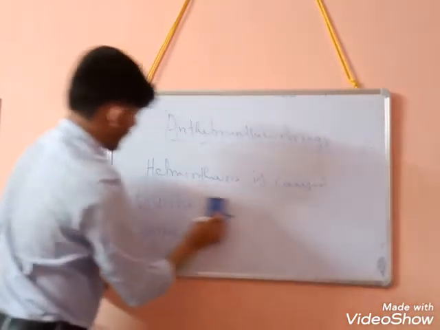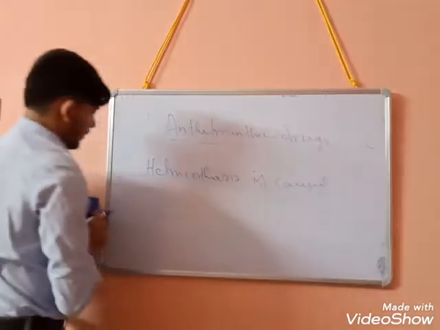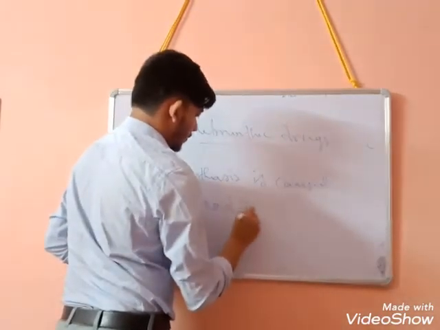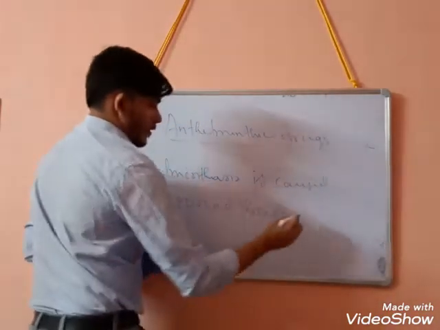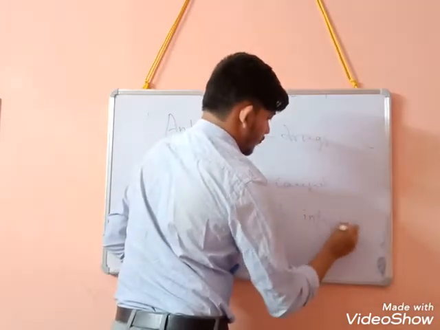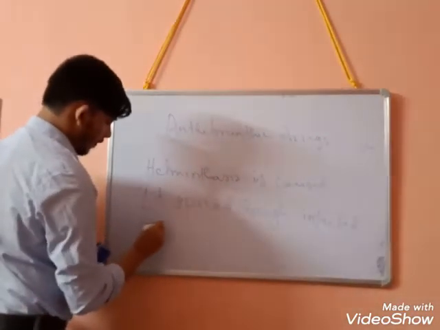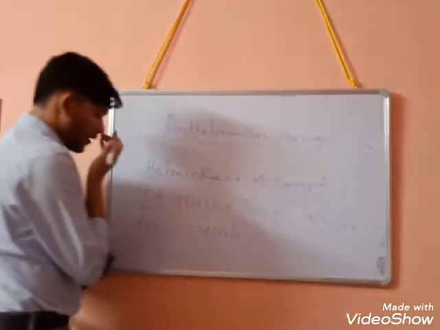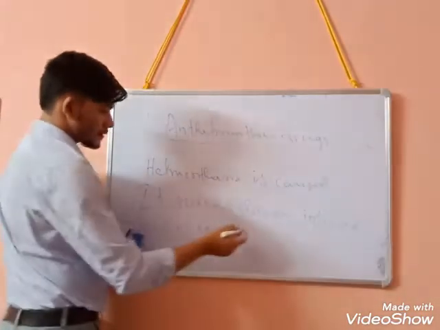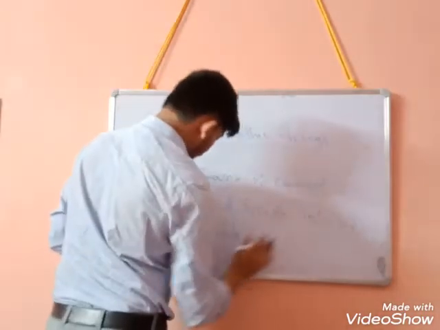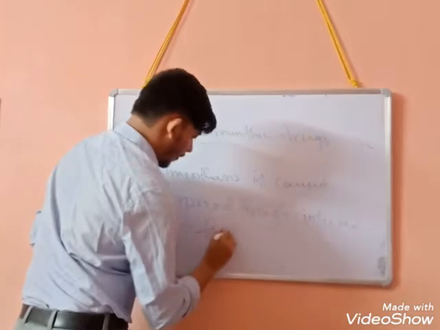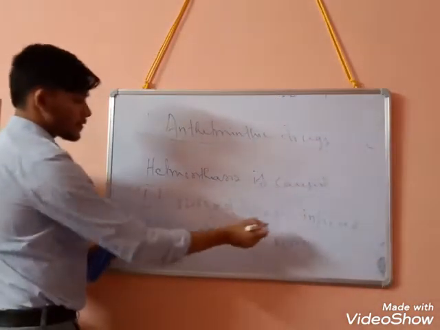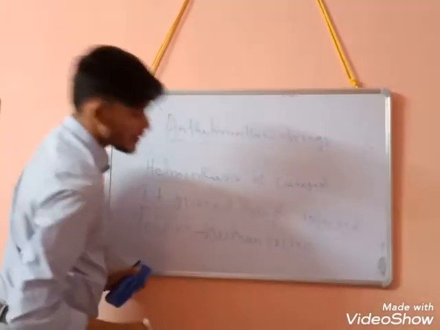So it spreads through infected food or excreta. If you come in contact with any infected food or human excreta, these are the main sources through which helminthiasis is spread.